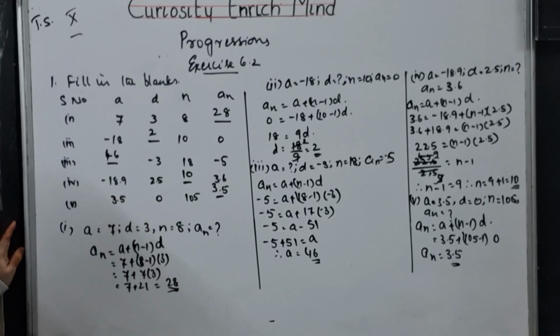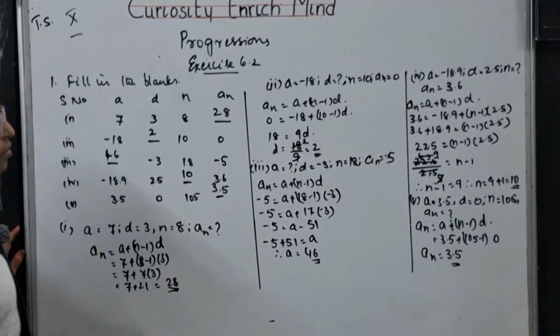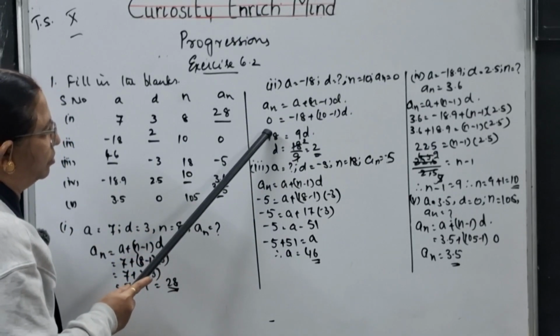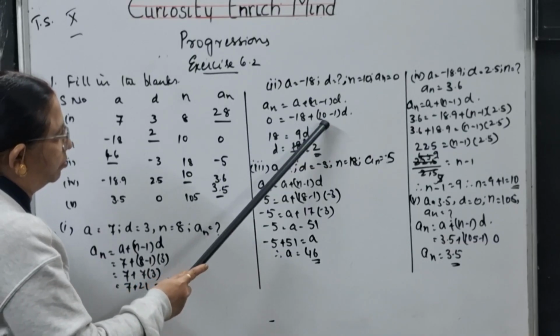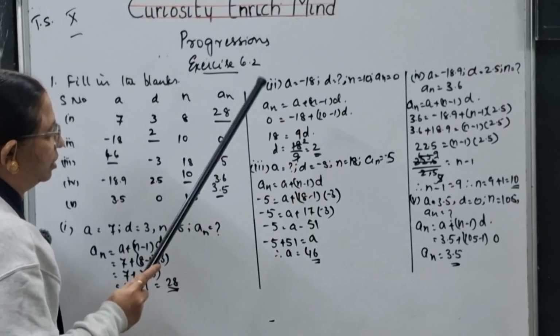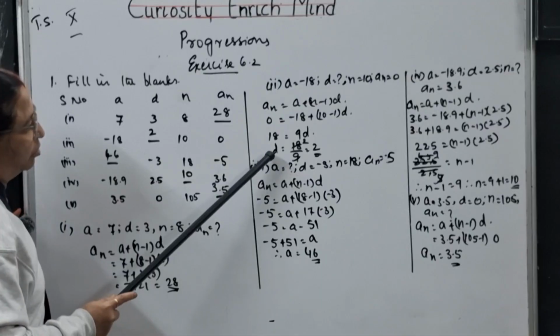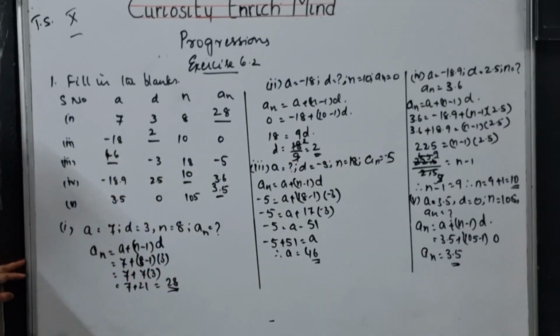I got 28. In the second bit, A is given, N is given, AN is given, you need to find out D. So when I substitute the values, see 0 is equal to A minus 18 plus 10 minus 1 into D. That is minus 18 when it comes here, 18 is equal to 9D. 18 is equal to 9D means what is D? 18 by 9, that is 2.